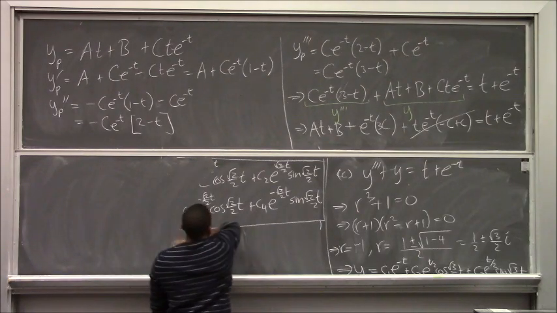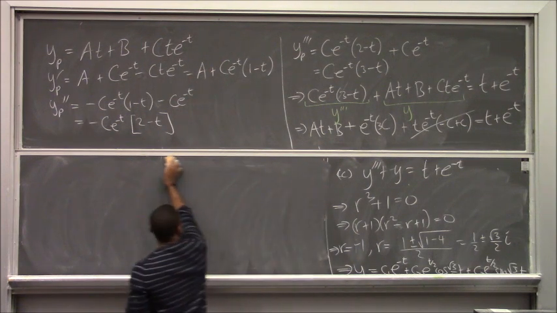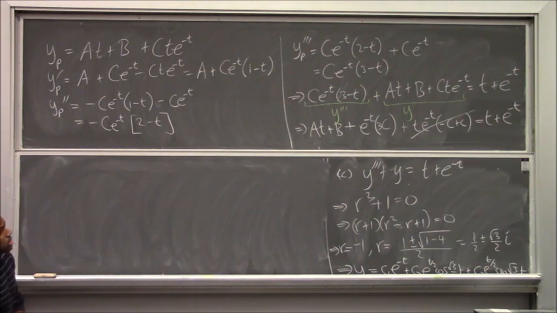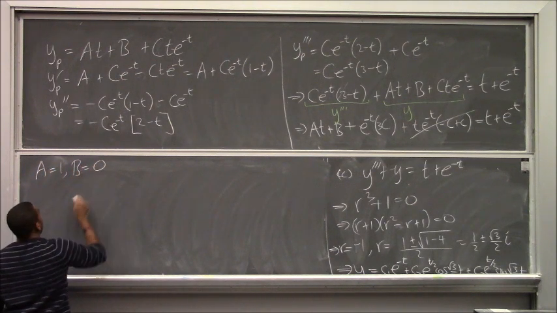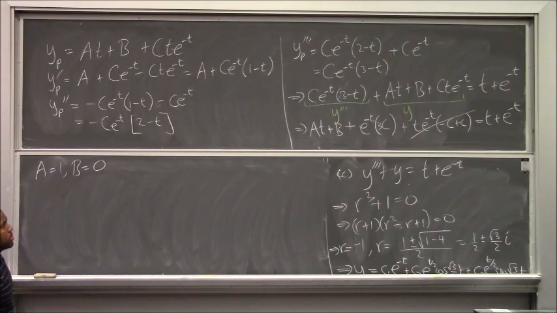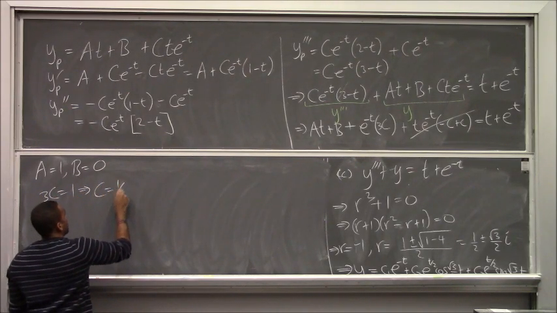Okay, so now what? A equals 1, B equals 0, and I have 3c equals 1, which means that c equals a third.